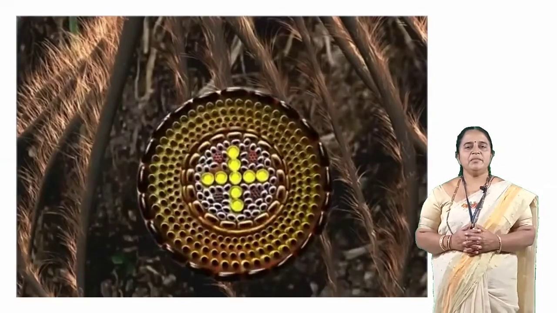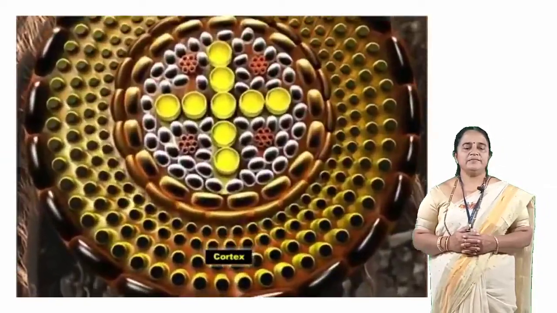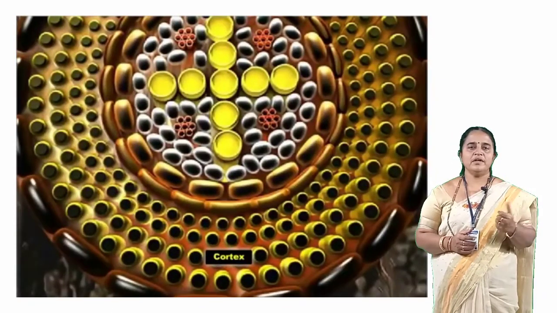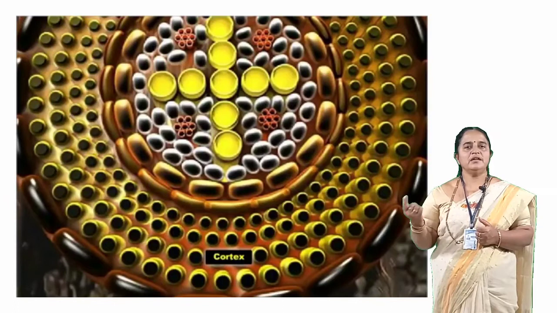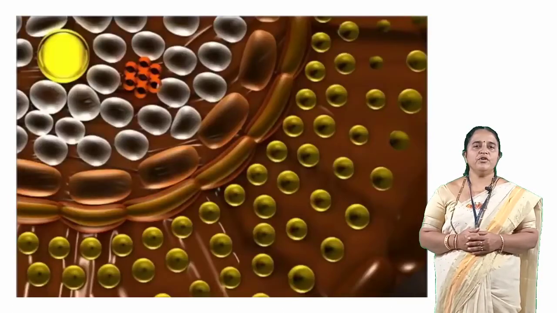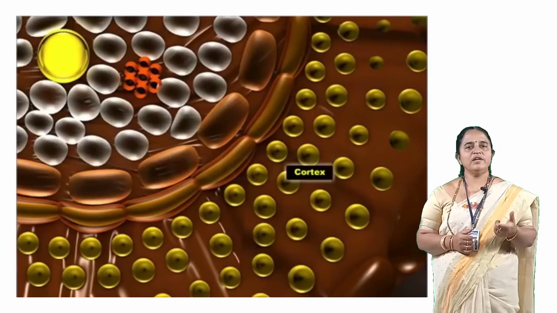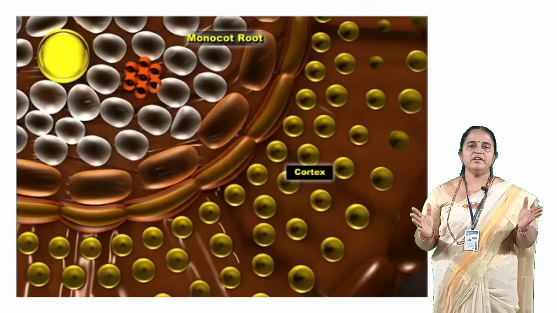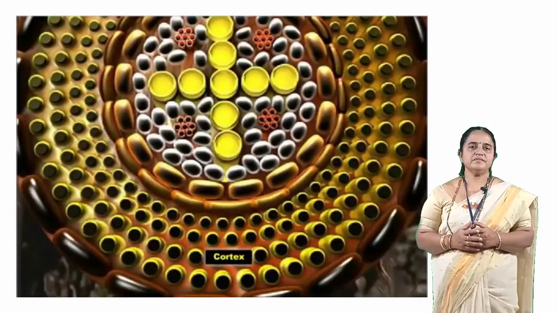Then, the second layer inside epiblema is cortex. Cortex is big in monocot root and small in dicot root. This cortex is composed of loosely arranged oval-shaped parenchyma cells showing lots of intercellular spaces.